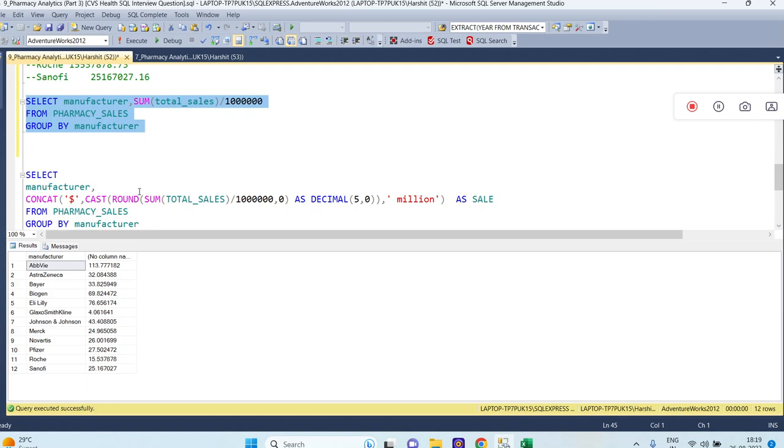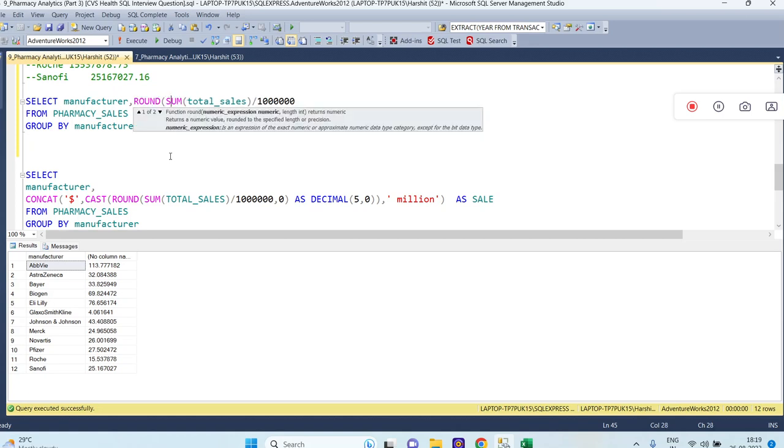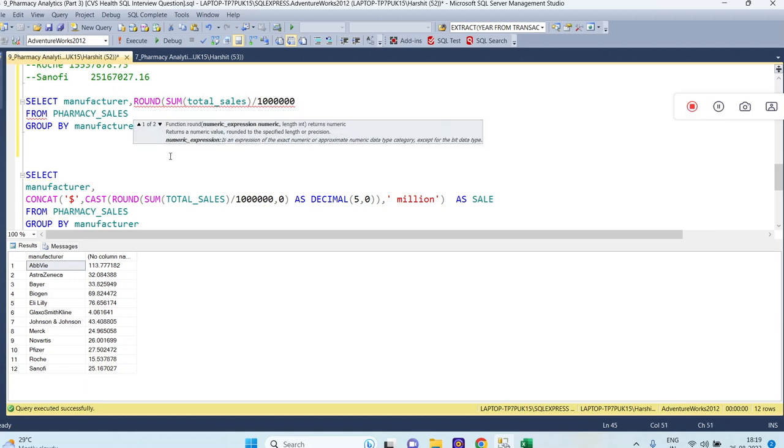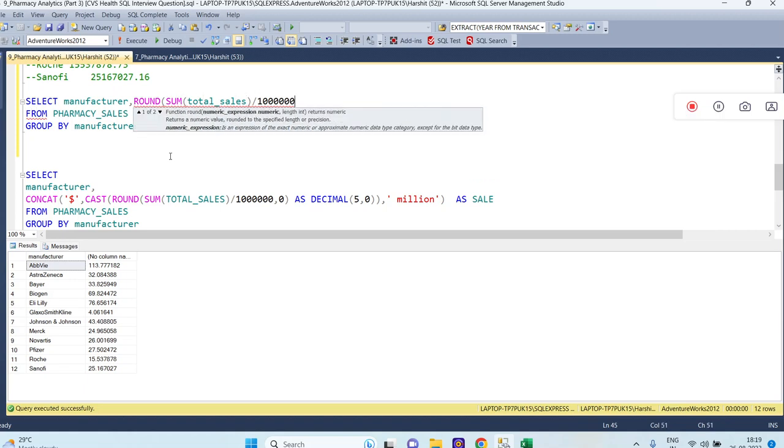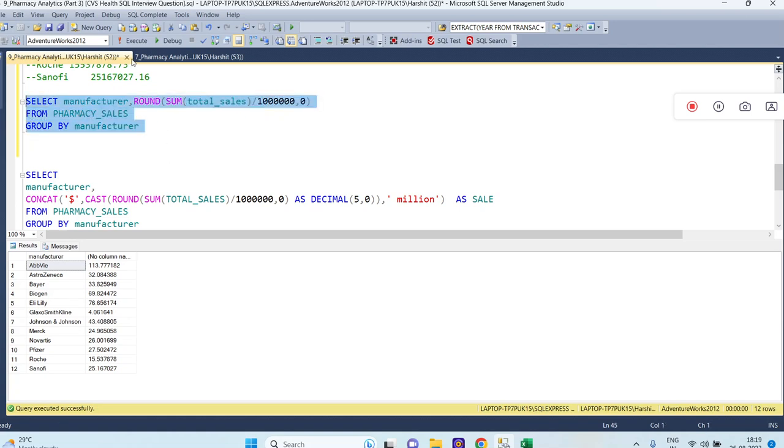So now we do not need all these digits after the point, right? So I have done the rounding over here. Let me do the round first. Now let me check what it is giving.